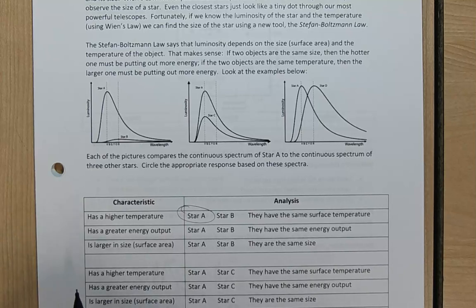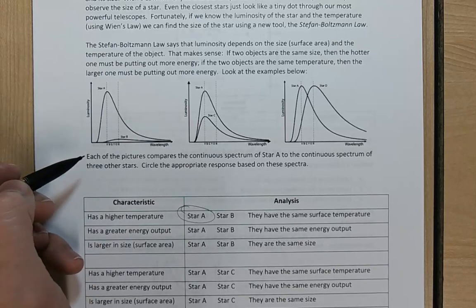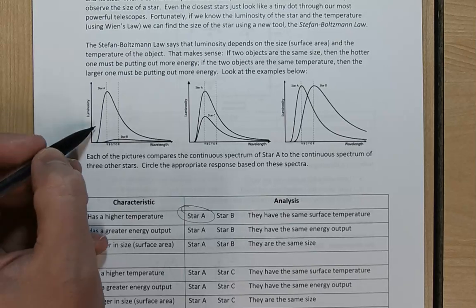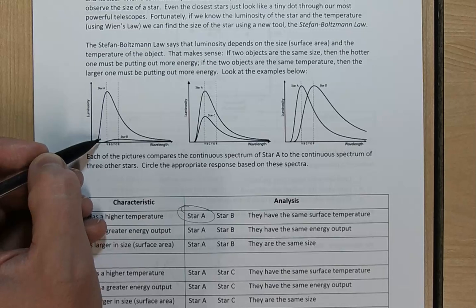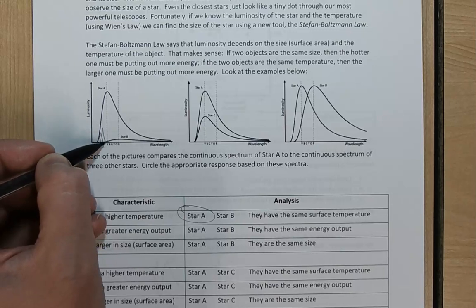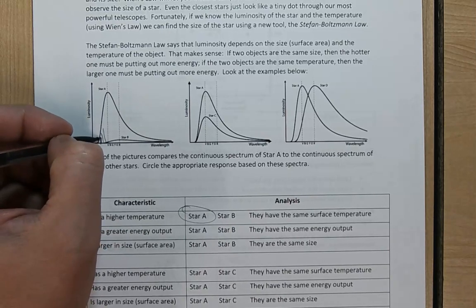Which one has the greater energy output? Well, what's another word for the energy output of a star? It's the luminosity, right? So which of these stars has the highest total luminosity? Remember how we can figure that out? These graphs are the luminosity of the star at each individual wavelength. Here's how much energy it gives off at this wavelength.